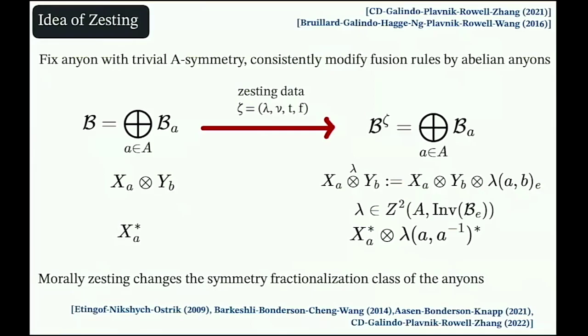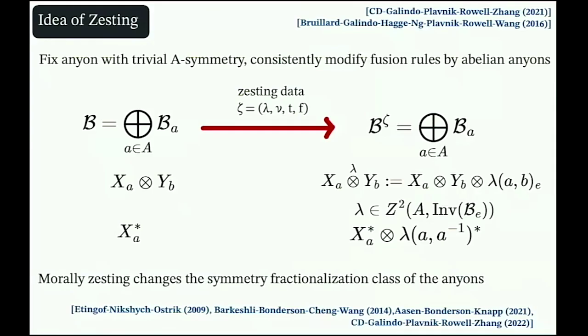So zesting is really just an abstraction and parametrization theory that says, okay, if I try to change the fusion rules in this way, then when can I and how can I categorify to the right level of structure that I need for this to describe an anyon theory?